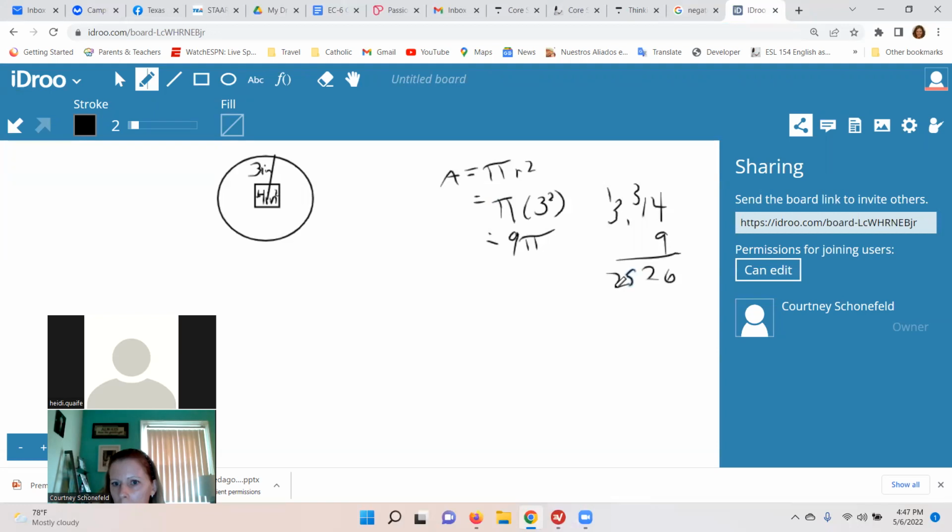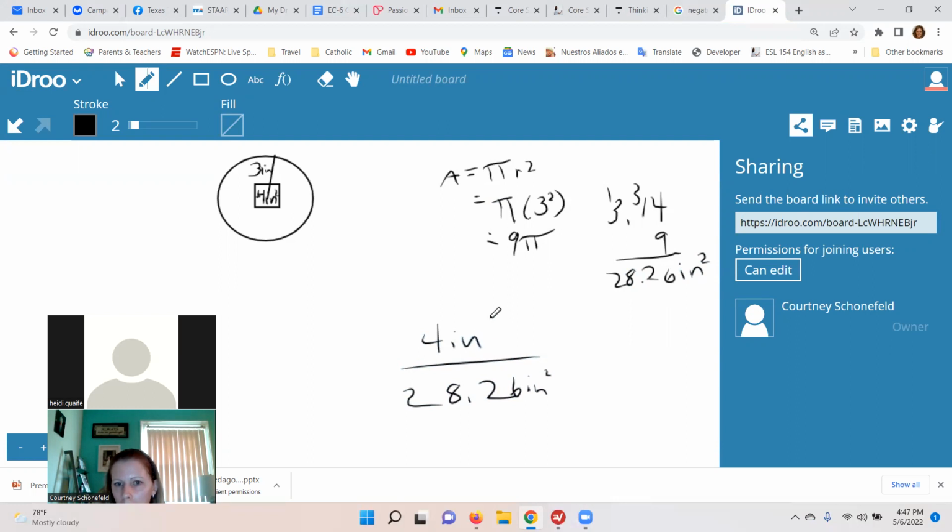And then I have to move it back 2 decimal places, so we're with 28.26 inches squared as the area of the circle. So the area of the whole thing, the whole possible outcome, is 28.26 inches squared. And the desired outcome, remember, is the square, and that's 4 inches squared.